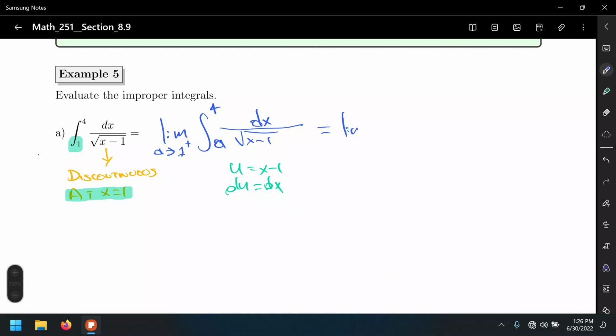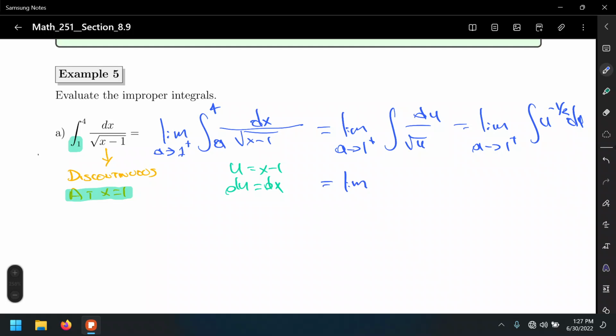So this will be the limit as a approaches 1 from the right of the integral of the square root of u in the denominator and du in the numerator, that's the integral of u to the negative 1/2 du. To integrate this, add 1 to the exponent and divide by that new exponent we obtain. In this case, negative 1/2 plus 1 is going to be a positive 1/2.